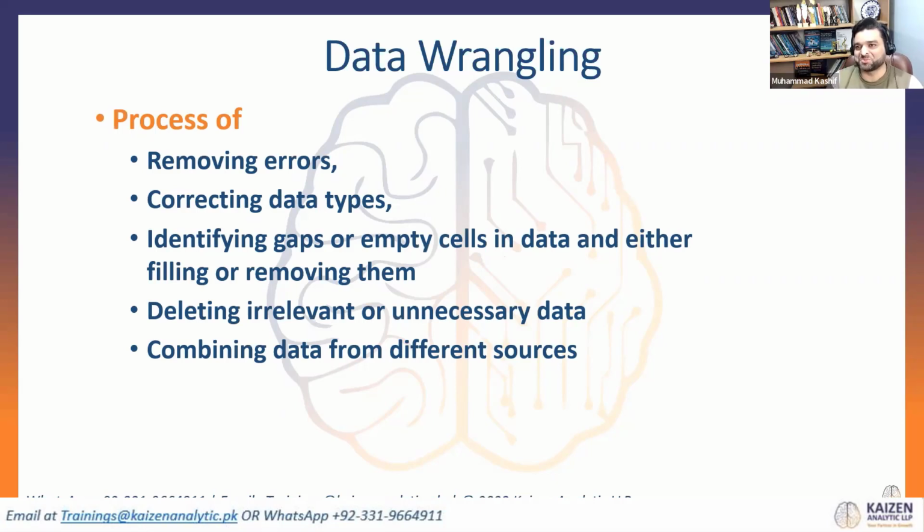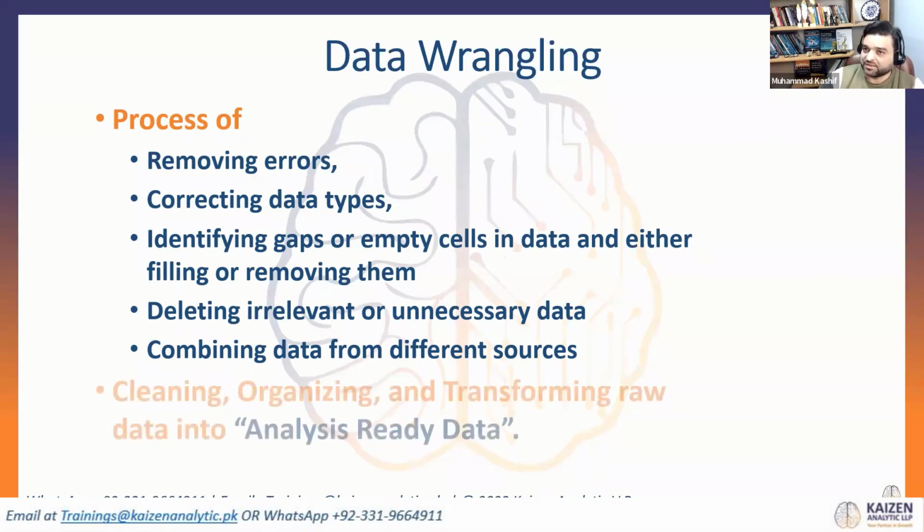So you need to mishmash all that data from different sources. And after doing that, in a process, you are cleaning the data, organizing it, transforming the raw data to make it analysis-ready data. There can be other terms used, but you are just turning your data into something ready for analysis.